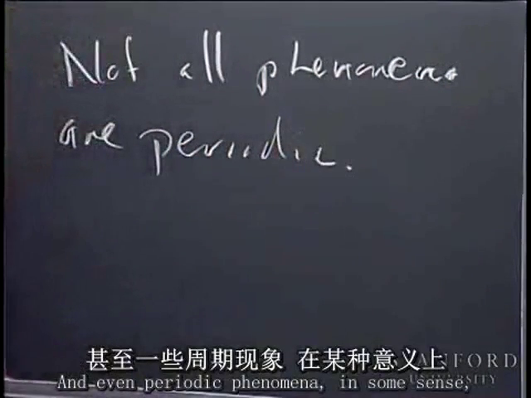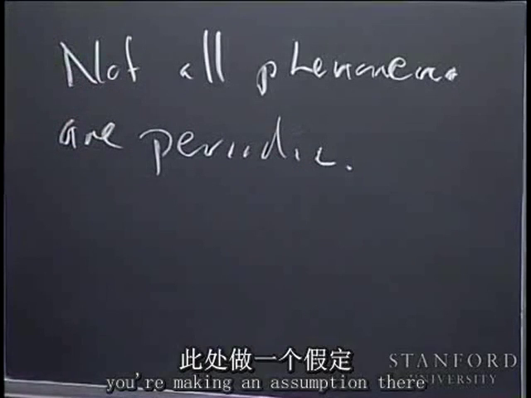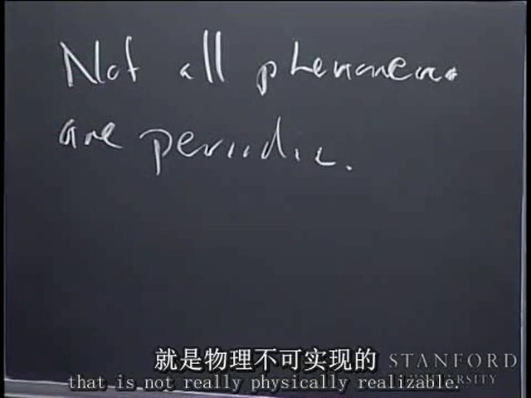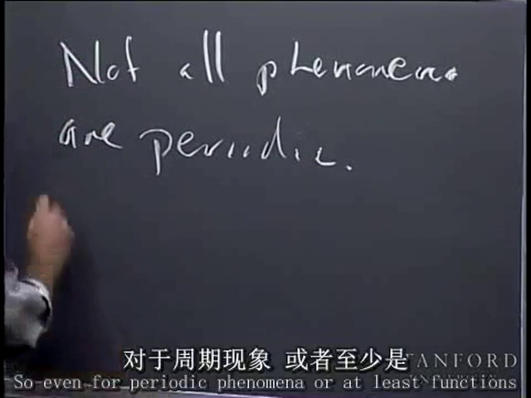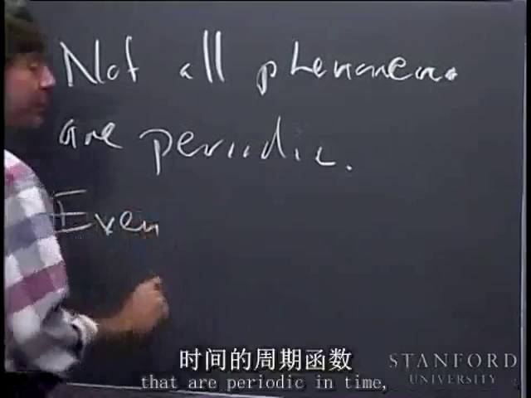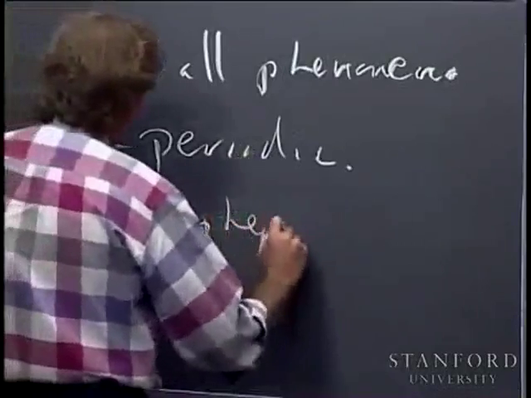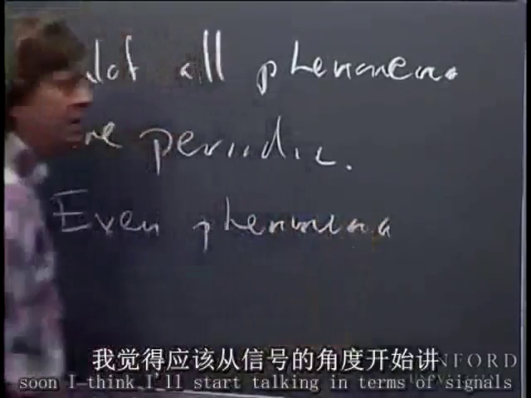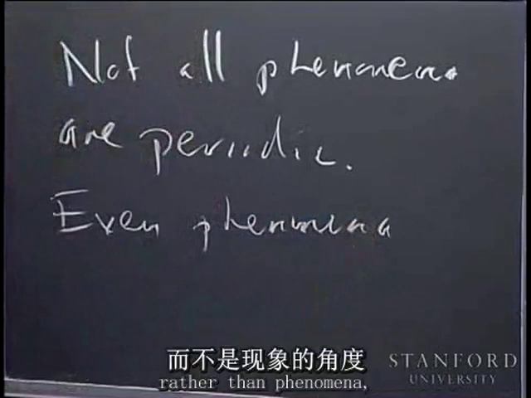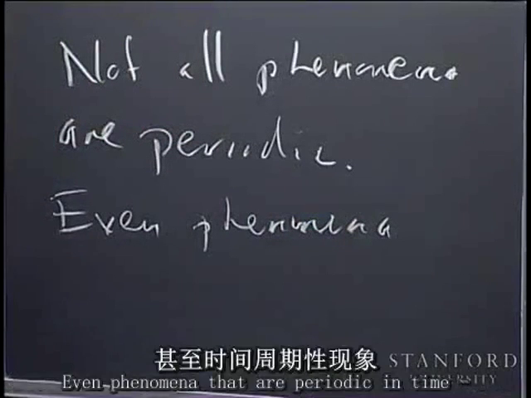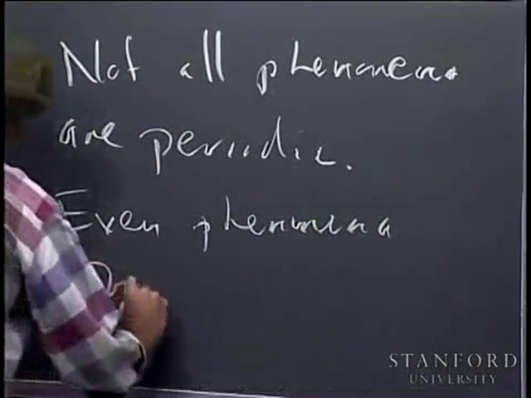And even periodic phenomena, in some sense, you're making an assumption there that is not really physically realizable. So even for phenomena that are periodic in time, soon I think I'll start talking in terms of signals rather than phenomena, but phenomena sounds a little grander at this point.